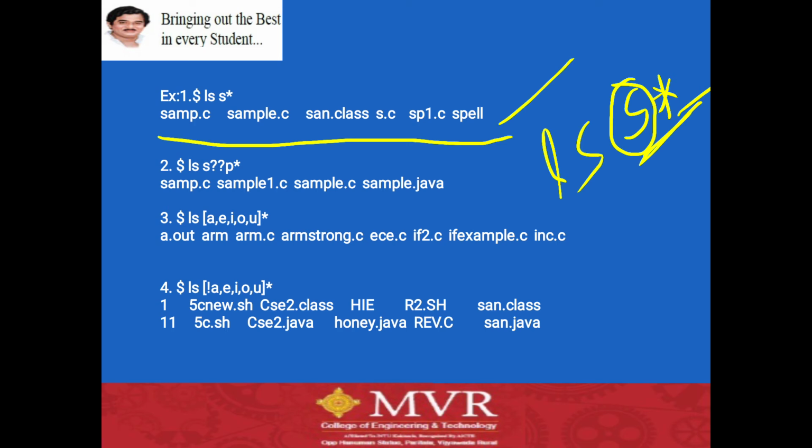You observe that it displays some files: samp.c, sample.c, san.class, s.c, sp1.c, spell.